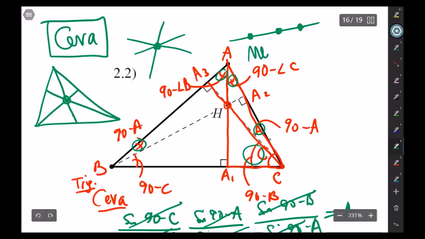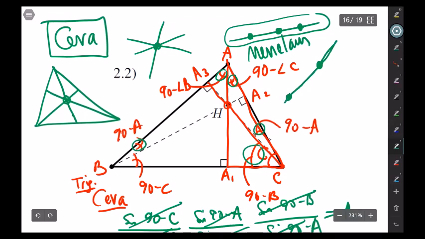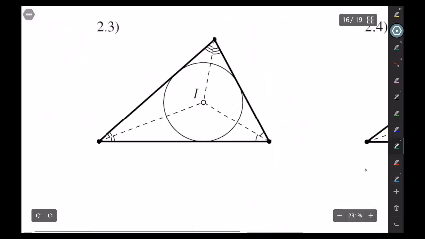Yes, that's Menelaus. Because it's magic, right? Two points are collinear by definition, since two points define a line. But three points, it's hard to have three points collinear, and Menelaus' theorem tells you the conditions for which this can happen.